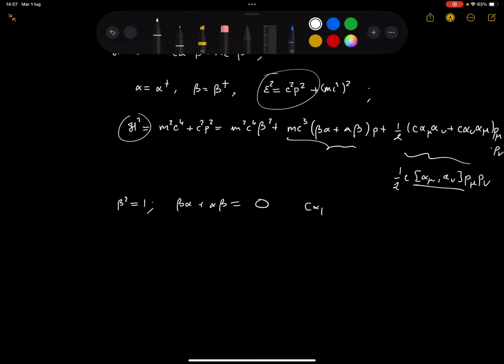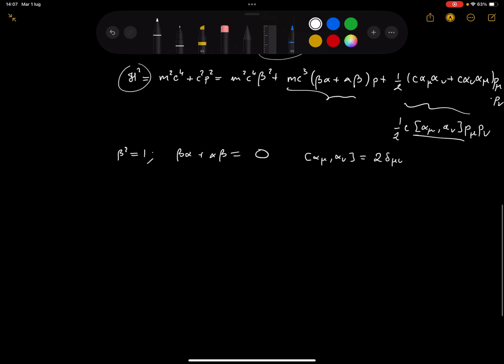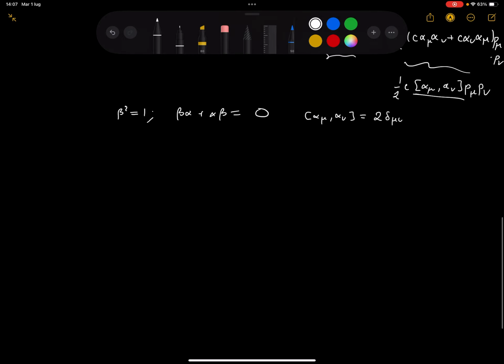So alpha mu, alpha nu should equal twice the Kronecker delta. So, right, we have the information necessary to say that coefficients which satisfy these relations must be matrices, right?